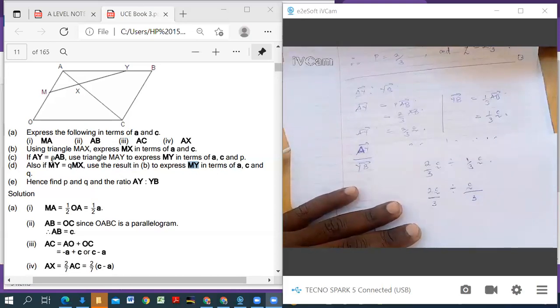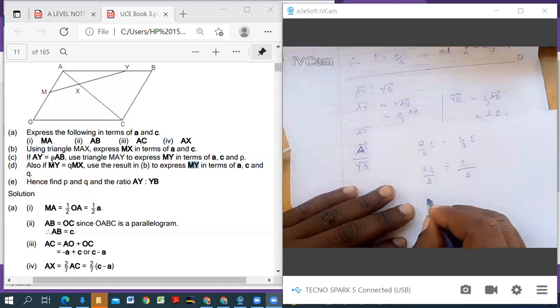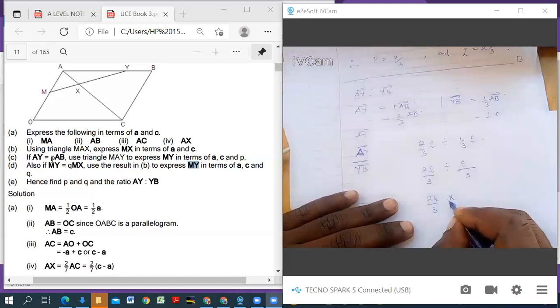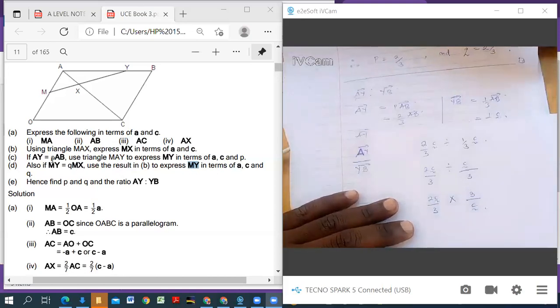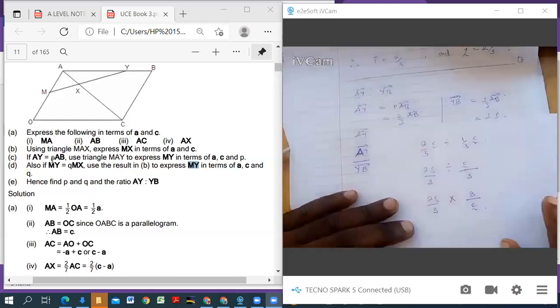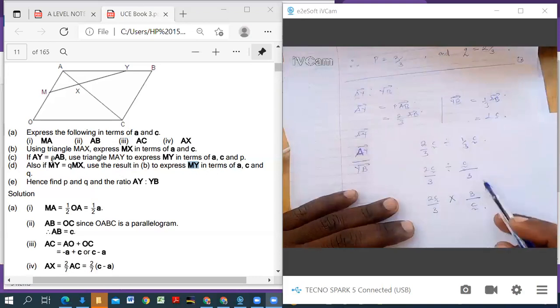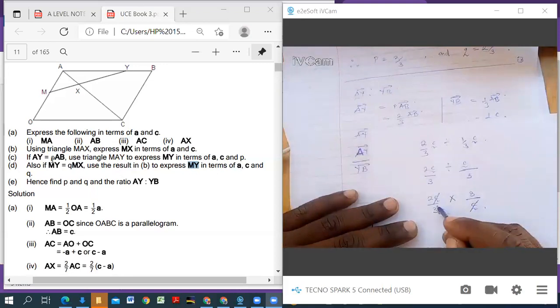So now it means that it is 2C over 3 times 3 out of C. You see that now? When we multiply, we take the reciprocal. So the C's cancel, isn't it? And the 3 by 3 once by 3, 1, isn't it?